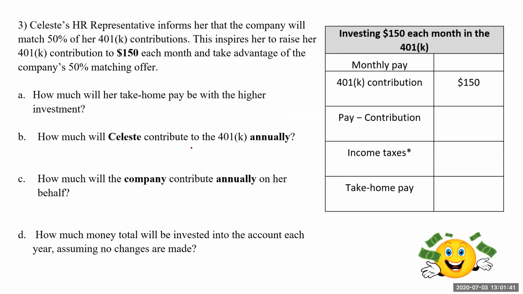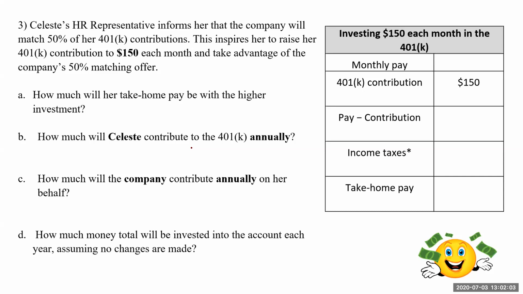Now, there's a bit right here, right? So this is what happens. So Celeste's HR representative informs her that the company will match 50% of her 401k contributions. So Celeste gets inspired, all right, to raise her 401k contribution to 150 each month and take advantage of the company's 50% matching.